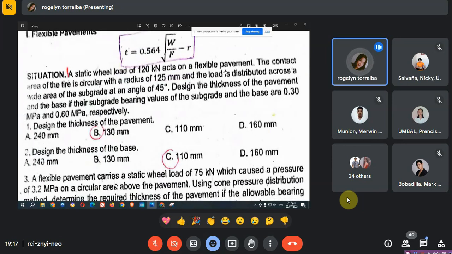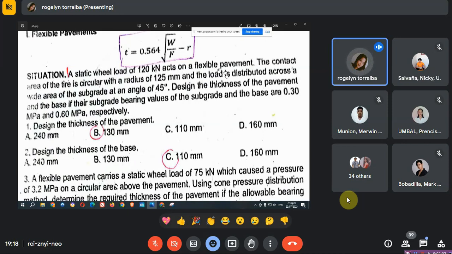Situation 1. A static wheel load of 120 kilonewton acts on a flexible pavement. It will state whether it is flexible or rigid. The contact area of the tire is circular with a radius of 125 mm, and the load is distributed across a wide area of the subgrade at an angle of 45 degrees.